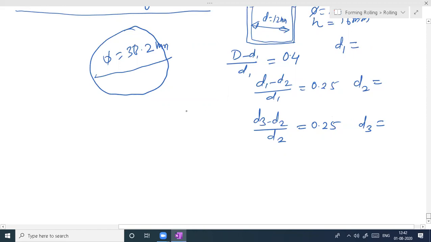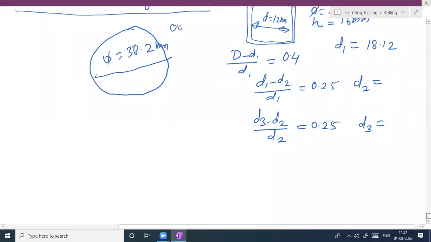First draw D1, what is the D1 value? Tell me. D1 is 18.12. But our requirement is 12 mm.